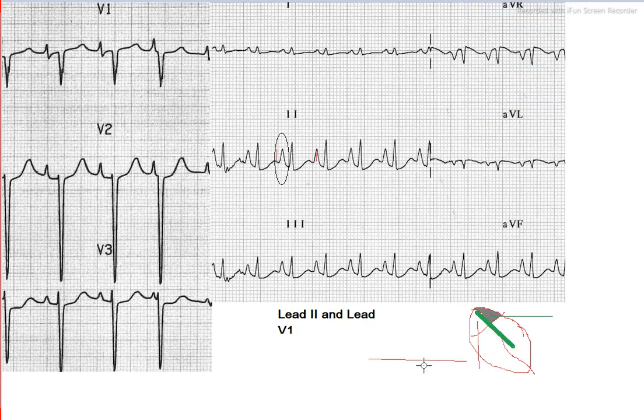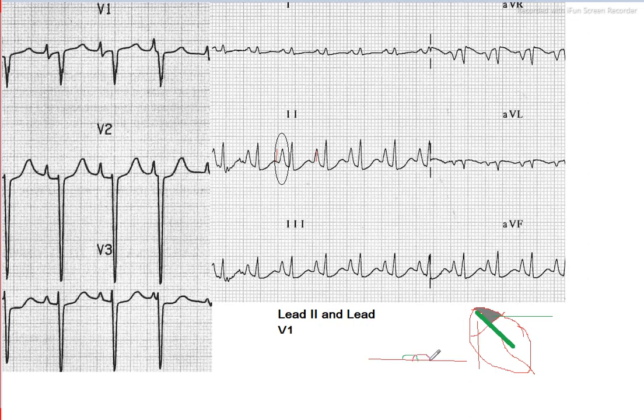So in the P wave in lead 2, the basic funda is that this is the feature showing right atrial depolarization, and another you will have left atrial depolarization.